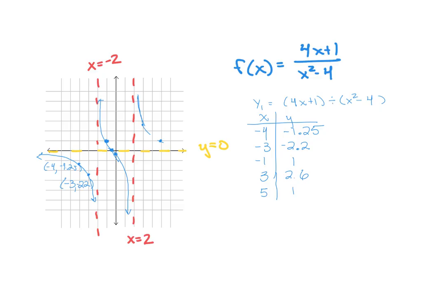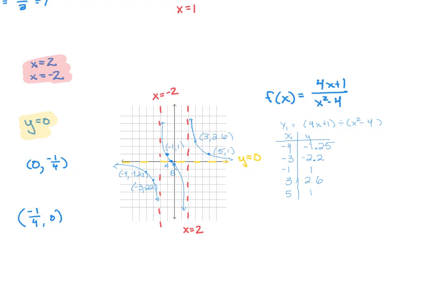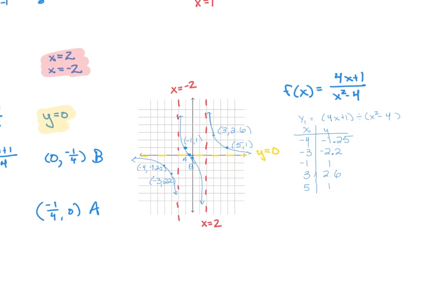Again, we want to approach, but not cross, touch, or veer away from our asymptotes. We label. We had negative 1, 1. And my asymptotes, I'm just going to label them A and B, just to make it a little bit easier. And we have our graph.